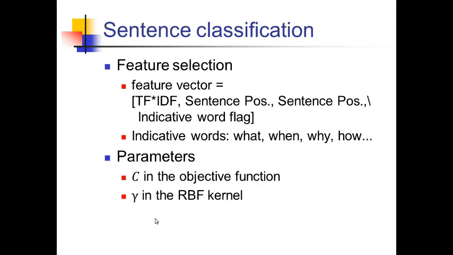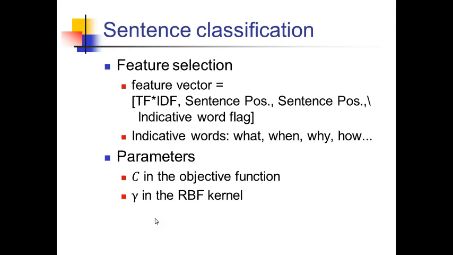And then I also include an indicative word flag which identifies if the sentence contains the indicative words such as what, when, why, and how, the words that are common to all the interview questions, which will be ruled out in the TF times IDF term.